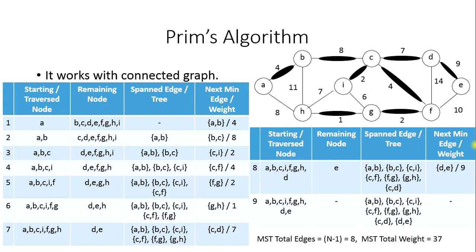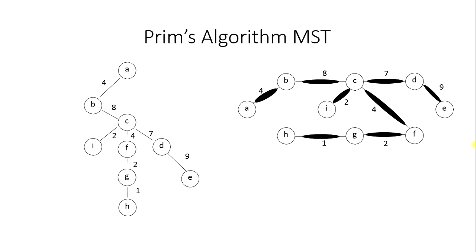Yes, it does follow the minimum spanning tree rule. Summing up all of the weights of the minimum spanning tree, we get the total weight as 37. If we want to redraw this, we can see that after applying Prim's algorithm, the graph is converted into the spanning tree.